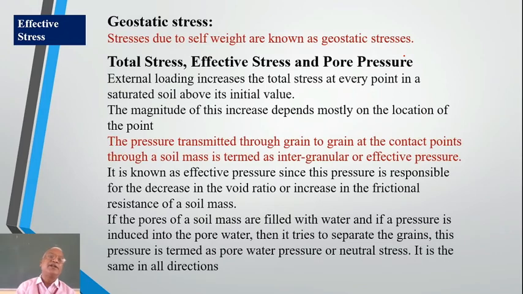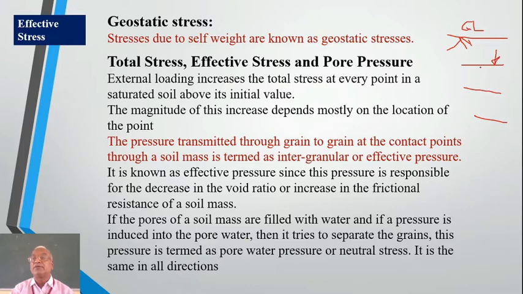Now, geostatic stress, what does it mean? Stresses due to self-weight are known as geostatic stresses. If you have the ground surface and layers of soil, let's say the first 2 meters, and the soil has some unit weight, obviously there will be a pressure.